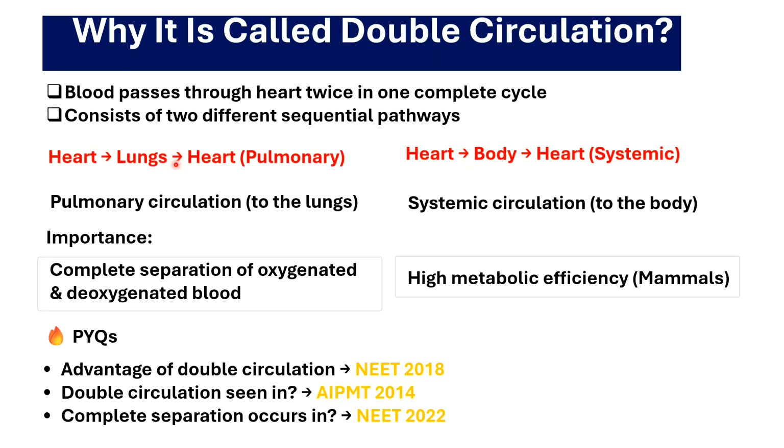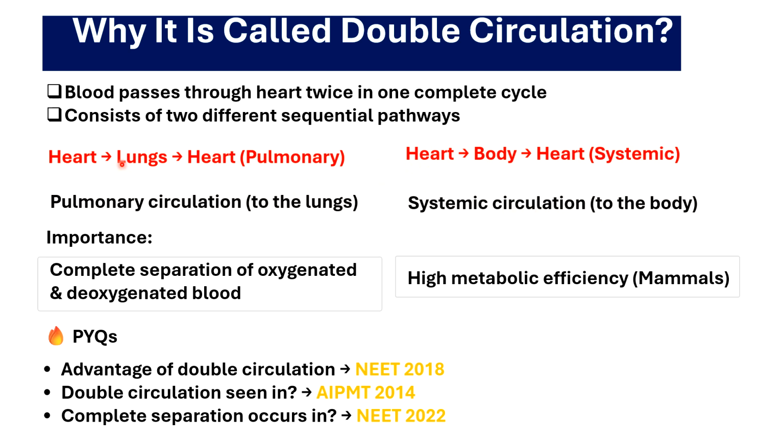Let us now come to double circulation. Now circulation is the flow of the blood. Double circulation means in one complete cycle, blood has to pass through the heart 2 times or twice. It consists of 2 different sequential pathways, a short pulmonary circuit and a long systemic circuit.